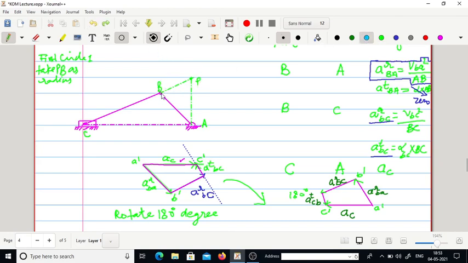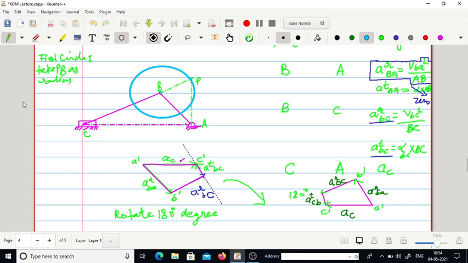So by taking PB as radius, let me draw a circle. This will be the possible circle by taking PB as the radius. This will be the center of the circle.